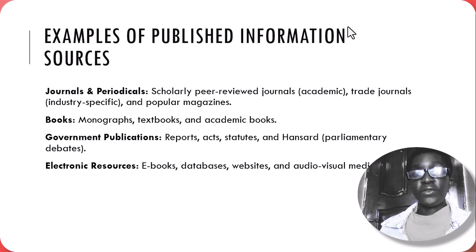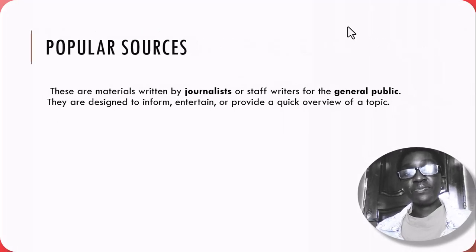Scholarly peer-reviewed journals are academic, trade journals, which are industry-specific, and popular magazines. Then you also have government publications. These can be reports, acts, and Hansard, those are parliamentary debates. And then you also have the electronic resources such as the ebooks, the databases, the websites, and audiovisual media.